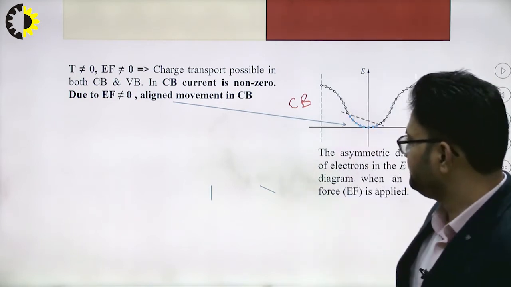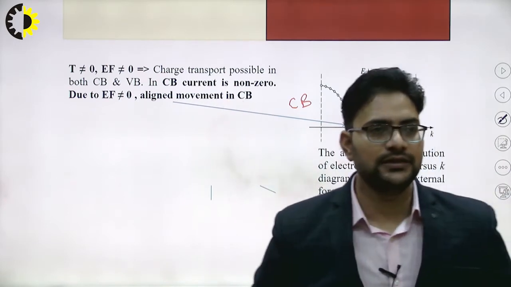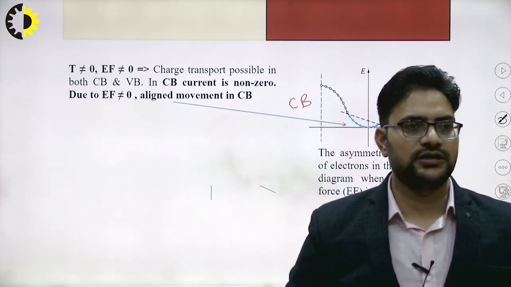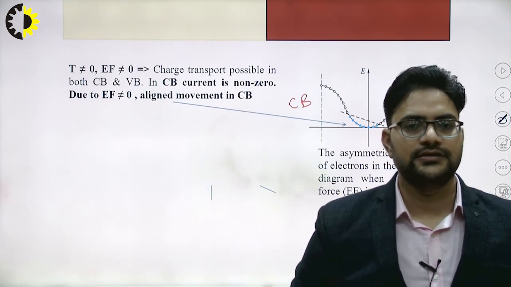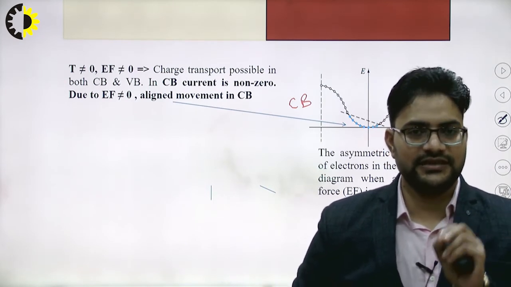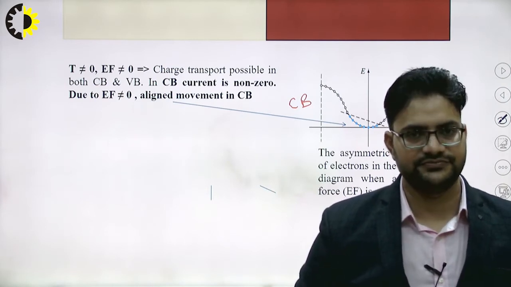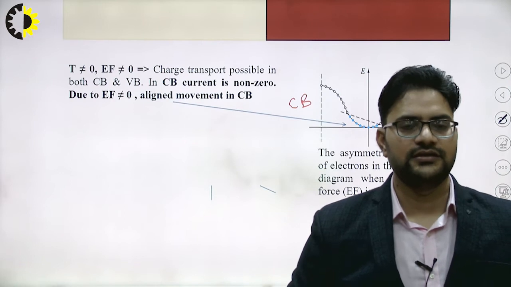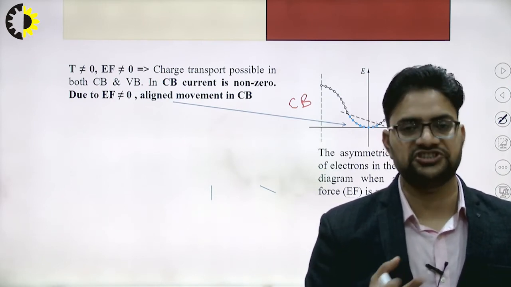So charge transport will be possible in both the conduction band as well as in the valence band, such that the conduction band current is non-zero in this case. This is due to the electric field application.